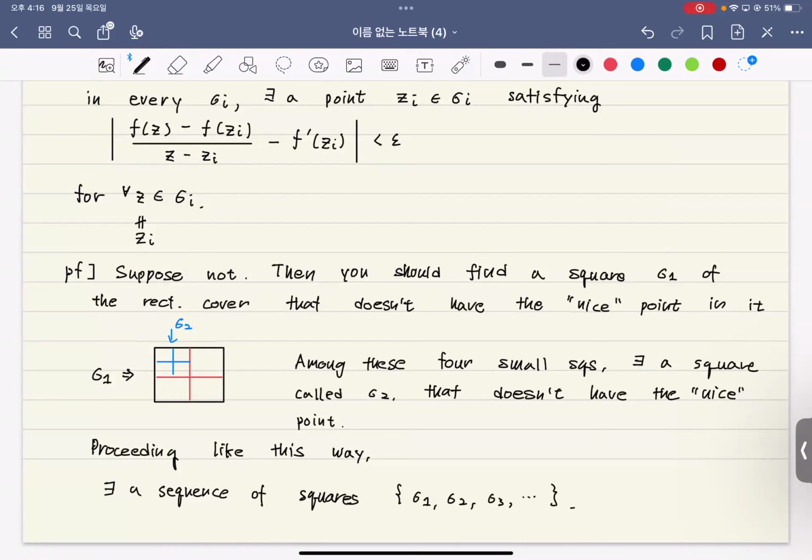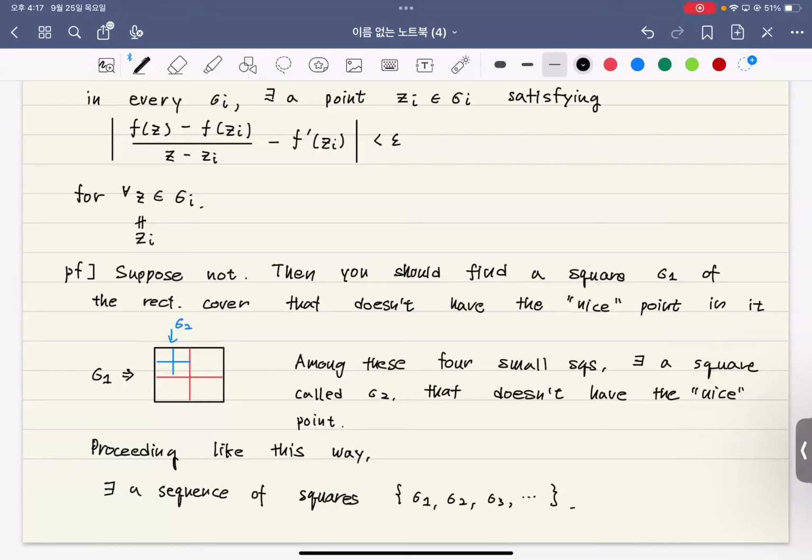Why? Because we are negating the statement from the lemma. And I can find very interesting properties of this sequence of squares. Sigma 1 is the largest one, and sigma 2 is smaller, contained inside sigma 1. Sigma 3 is even smaller than sigma 2, and is also contained in sigma 2, right? This is just copying and pasting the technique that we used in the nested interval theorem. Do you remember this?